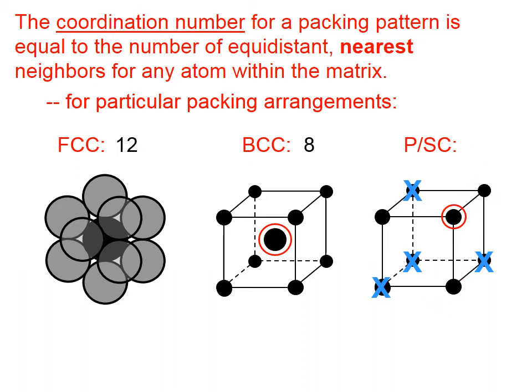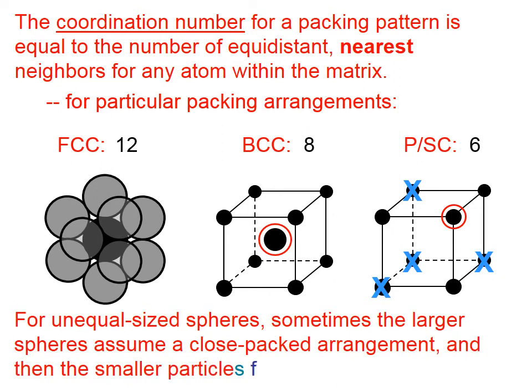But isn't there also one right up here that is above that atom, and there's one to the right of that atom, and then isn't there one out here closest to us also? In other words, the coordination number for primitive or simple cubic is 6.